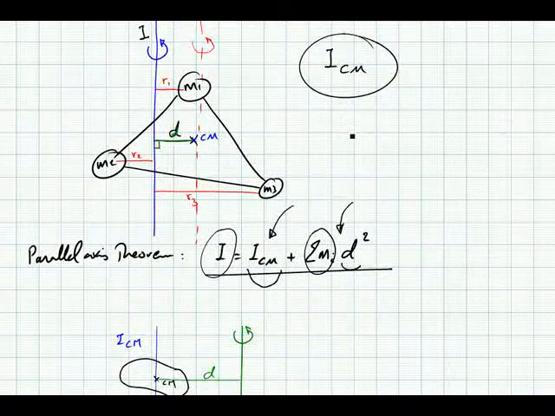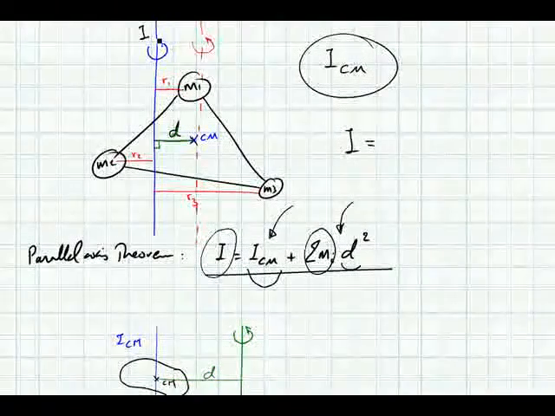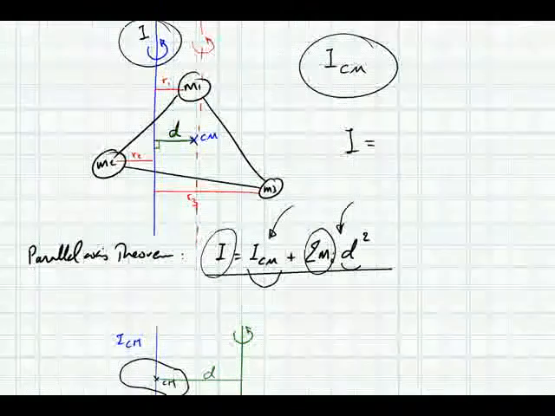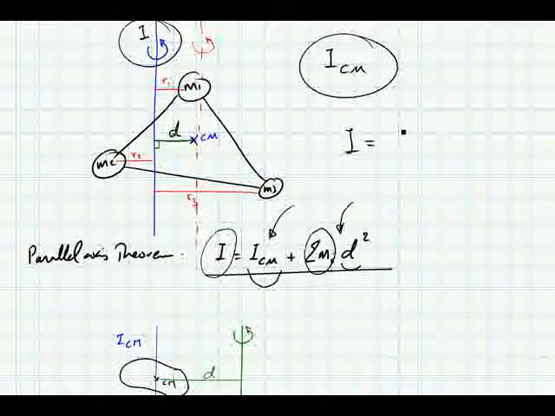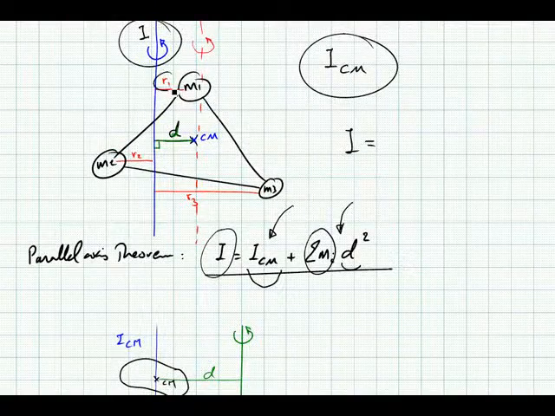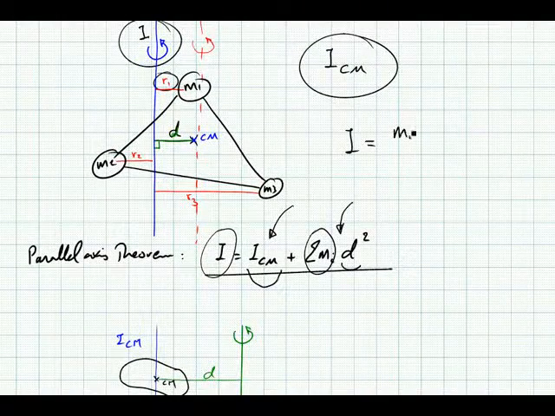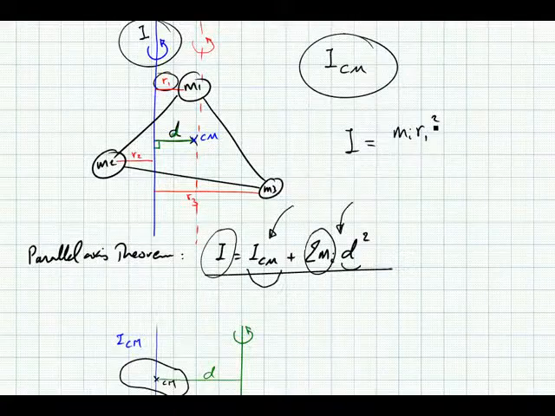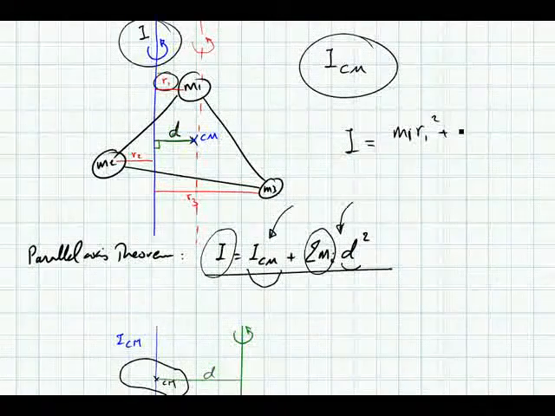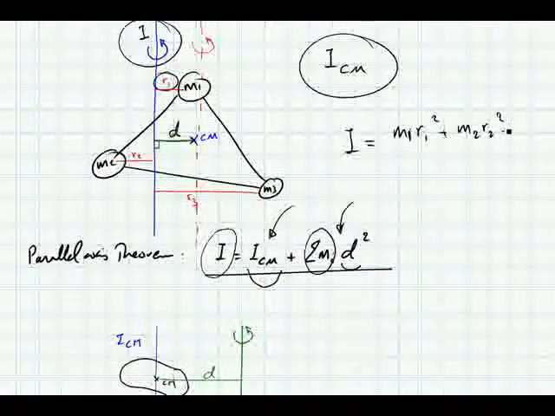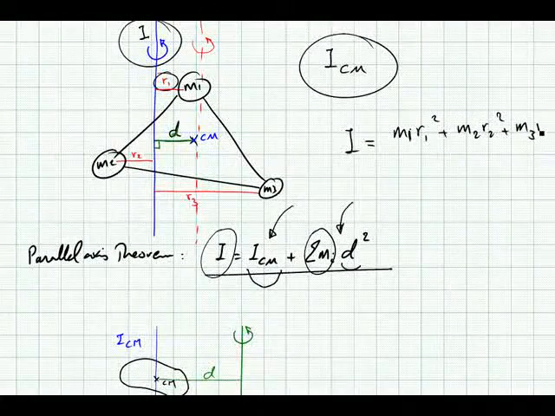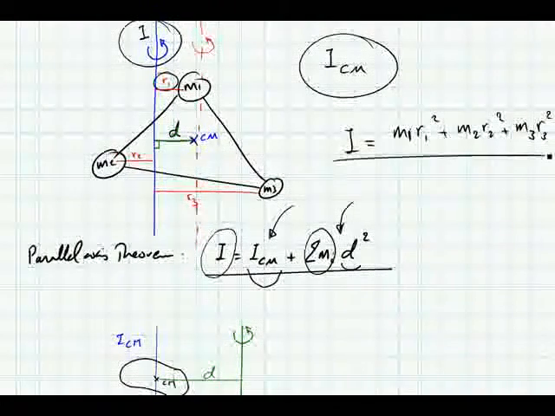Alternatively, of course, you can calculate I for this blue rotation axis by simply figuring out the radial distance from each mass to the rotation axis. So we have m1 r1 squared plus m2 r2 squared plus m3 r3 squared, of course.